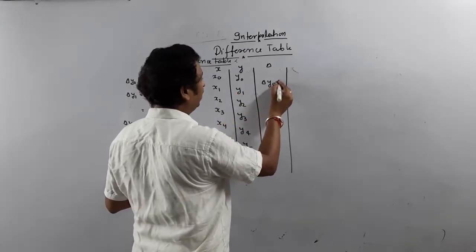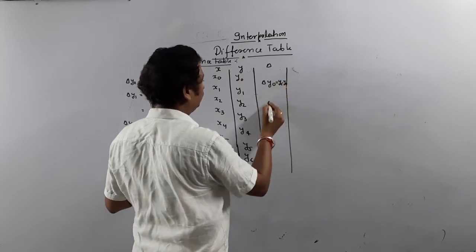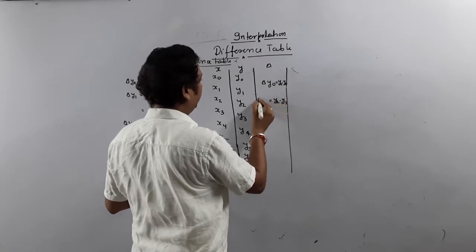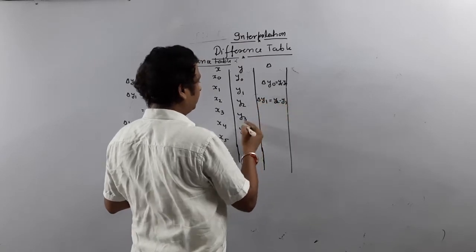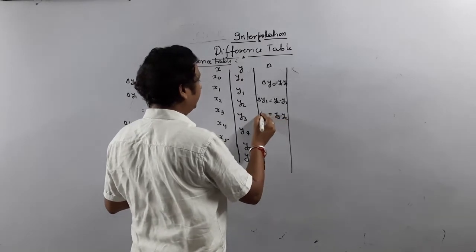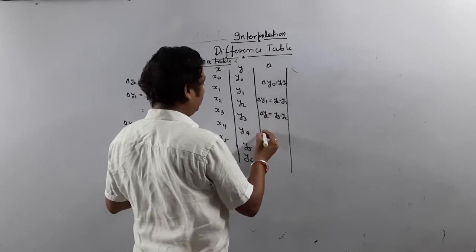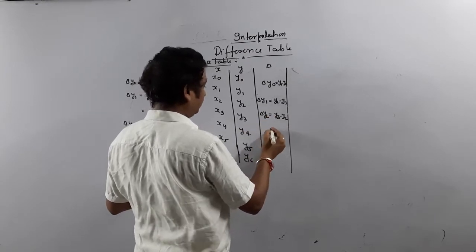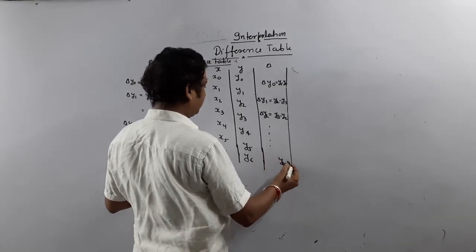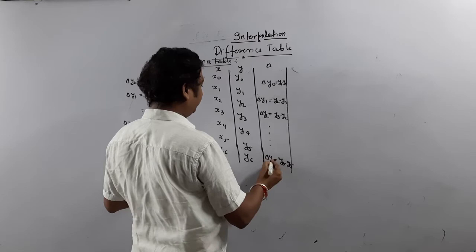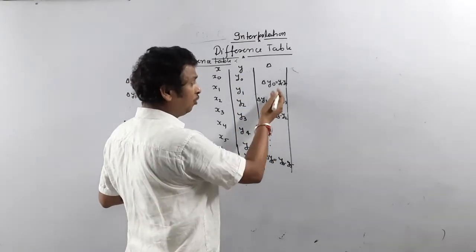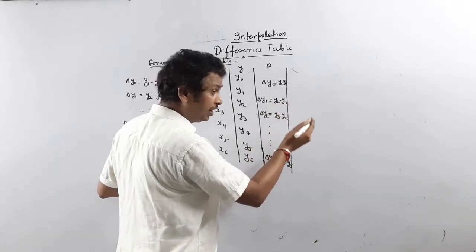Similarly, y3 minus y2 is del y2, and y6 minus y5 is del y5. So see, here 6 data values are there. Now we have 5. In that way it will reduce.